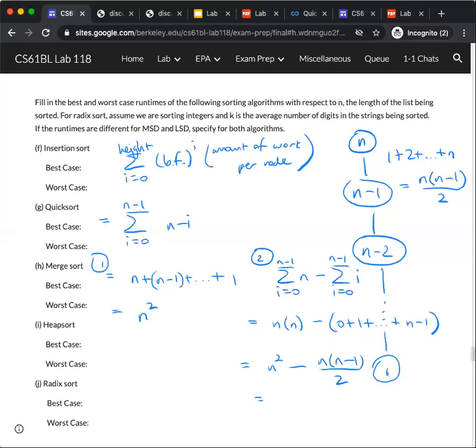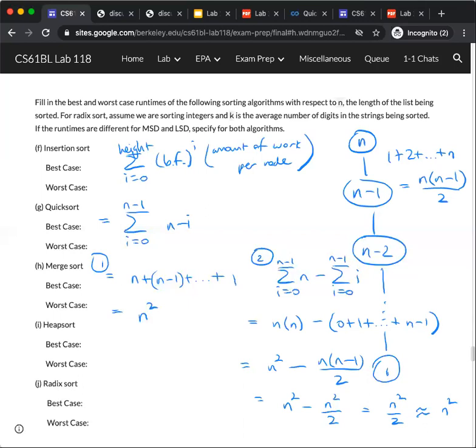We can just simplify the second term to be approximately n squared over 2, right? In fact, it's overestimating, which is good. Which means that we're going to be left with n squared over 2, which in the long-term asymptotic analysis is really just going to be equal to n squared. So either way, we get n squared for worst case.